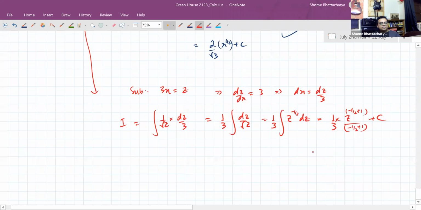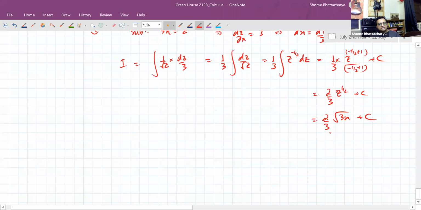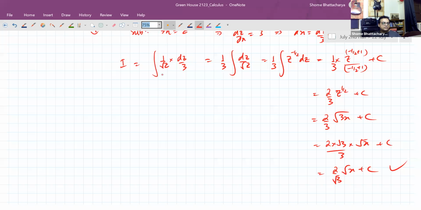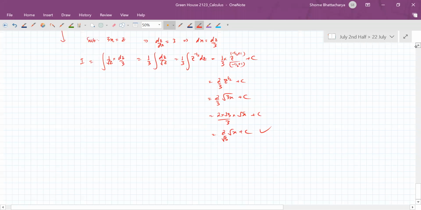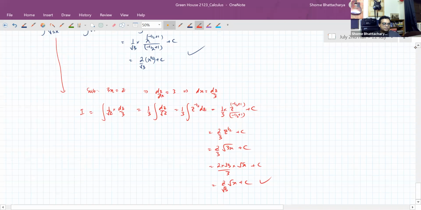So a little bit more algebra involved now. You'll see you get 2 by 3 z to the power half plus c. So that is 2 by 3 square root of z. Now z was 3x. So when you finally resolve this out, it is 2 into root 3 into root x divided by 3. So ultimately it's 2 by root 3 into root x plus c. So this is an overly lengthy method that just makes it more complicated than necessary.